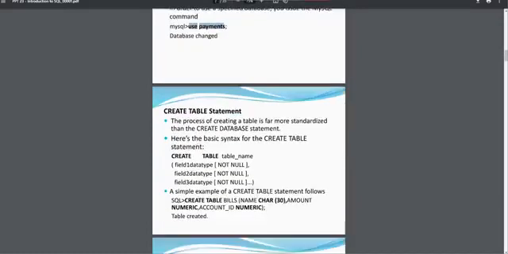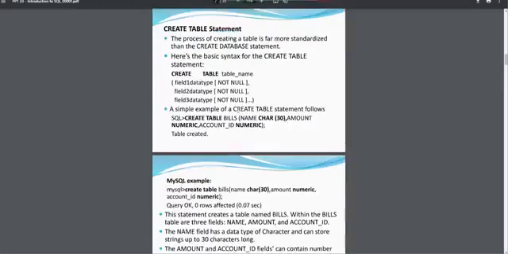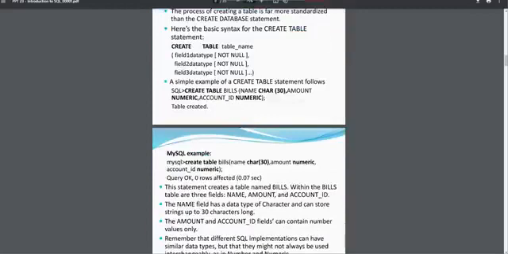So with the create table statement, if you have a database, you can create tables, right? Then how can you access it?